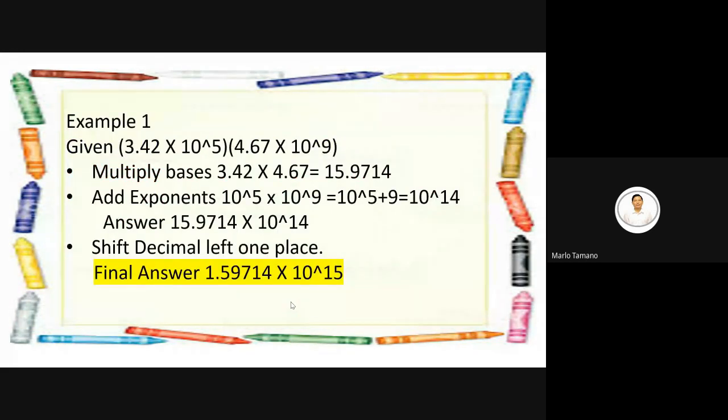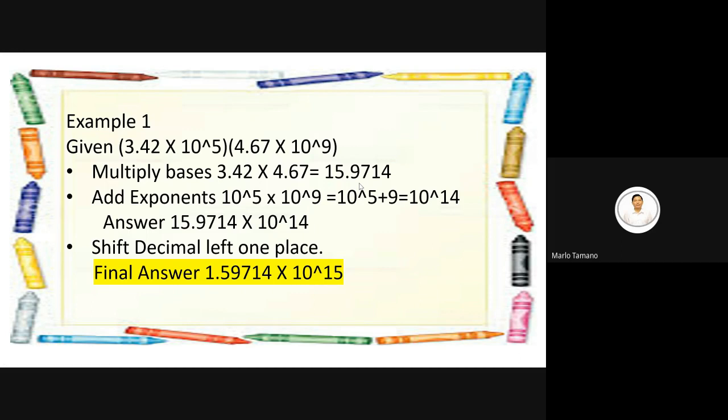Example number 1, given 3.42 times 10 to the 5th power times 4.67 times 10 to the 9. First thing to do, multiply bases. So what are the bases here? We have 3.42 times 4.67. Ito na po. Okay?